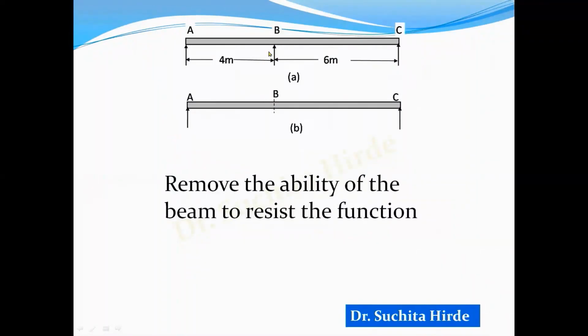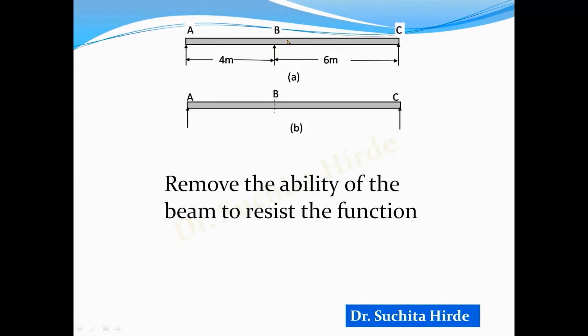Because of this function, there is an ability to deform in this direction that we have to remove. We have to remove the ability to deflect in the direction of B. Because of this support B, the beam cannot deflect. Therefore, we are removing the ability of the beam to resist the deflection.